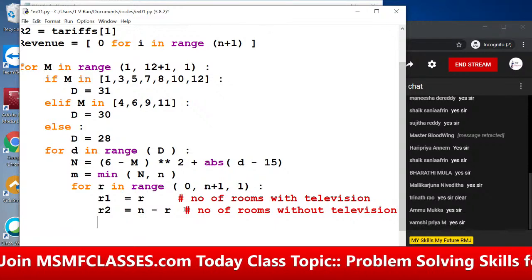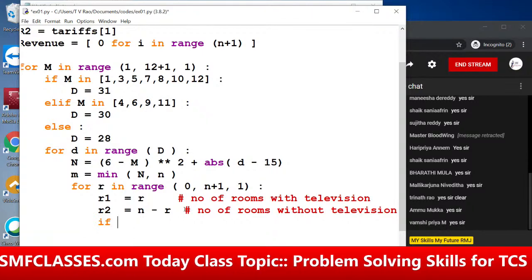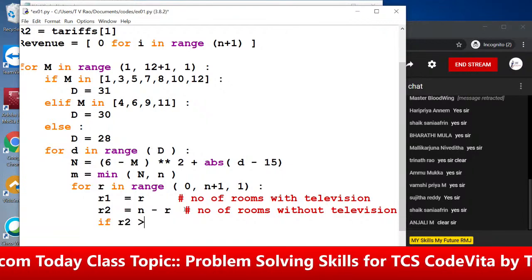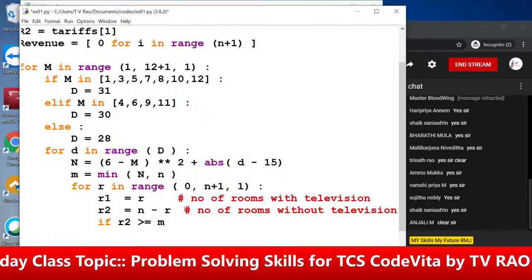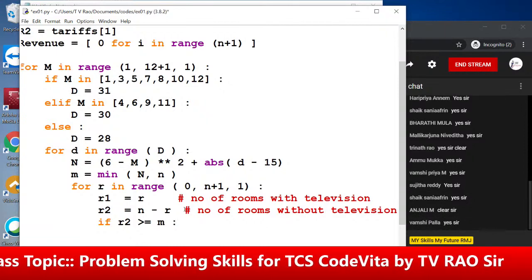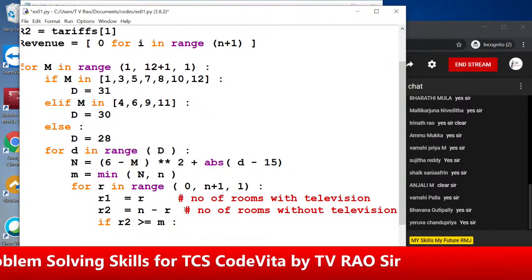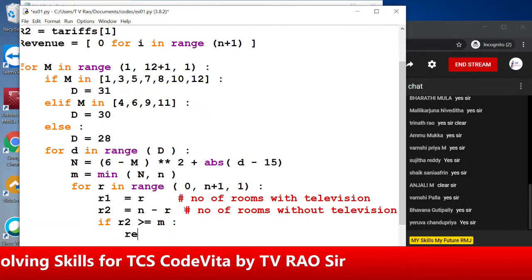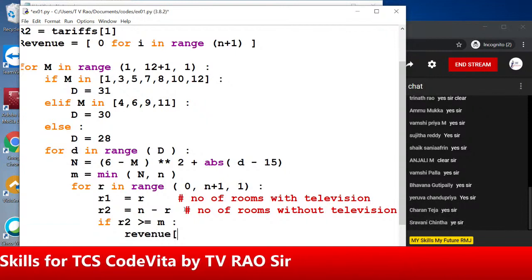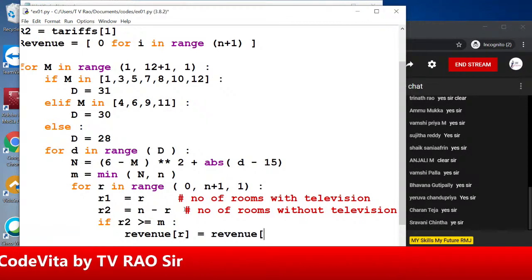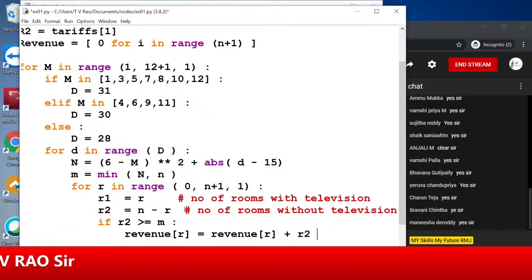Now, if the number of rooms of type R2 is greater than or equal to the required number of rooms, okay, here rooms are more than the patients, then all the patients will go for non-television rooms, and the number of rooms is R2 and revenue per room is capital R2.